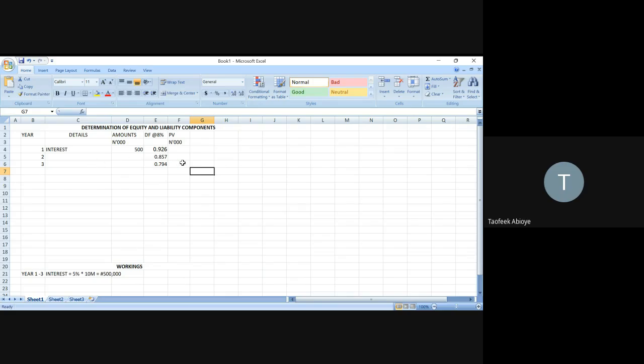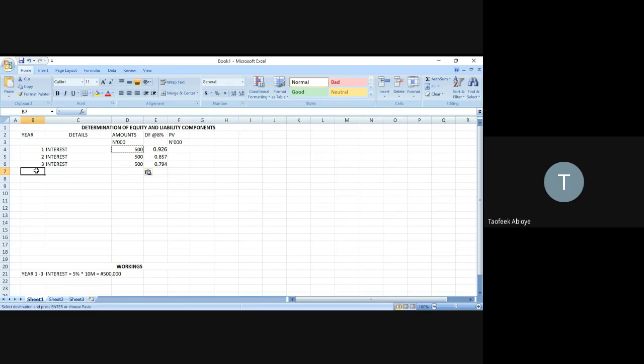So in year one, I'll collect 500,000, which is my interest. You know, this interest, I'll collect it for 3 years. So in year two, I'll collect my 500,000 too. In year three, I'll collect my 500,000. Now, in my third year, I asked a question when we were solving: what is the maturity period for this convertible loan?